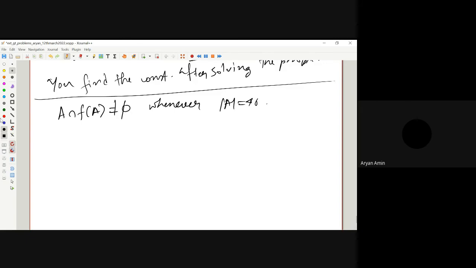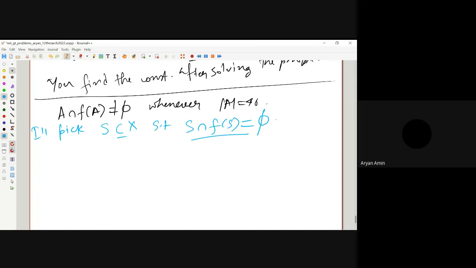So what I will do is I'll pick S, a subset of X, such that S intersect f of S is equal to the empty set. What am I doing here? I'm picking a subset S of X such that the intersection of S with its image is empty, there is no intersection.